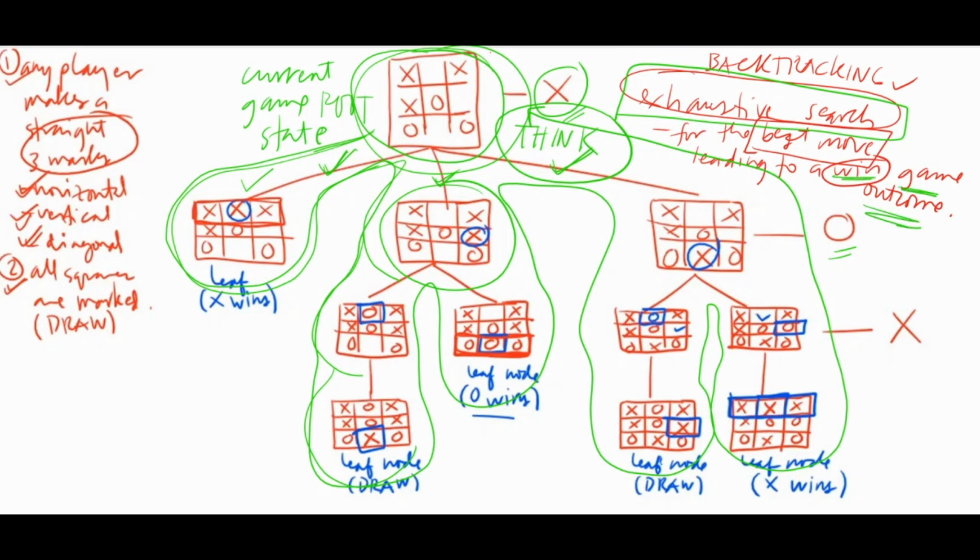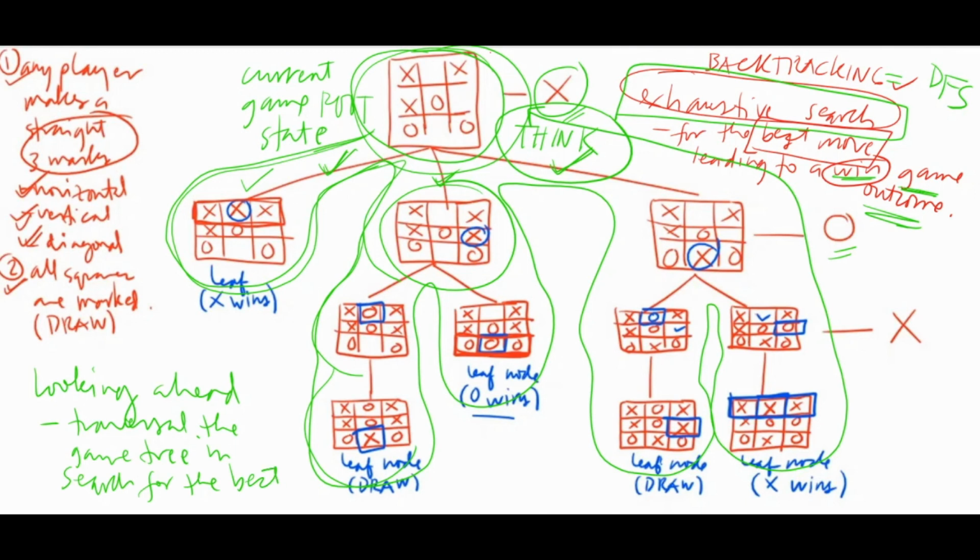So this backtracking, or doing the depth first search traversal exhaustive search of the game tree, is the player's way of looking ahead. That is the process of looking ahead by traversing the game tree in search for the best path from the current game state to the nearest win outcome.